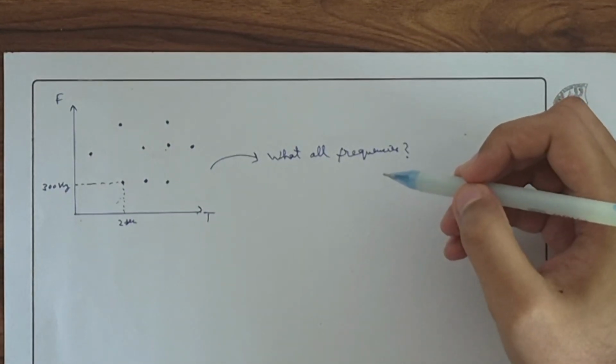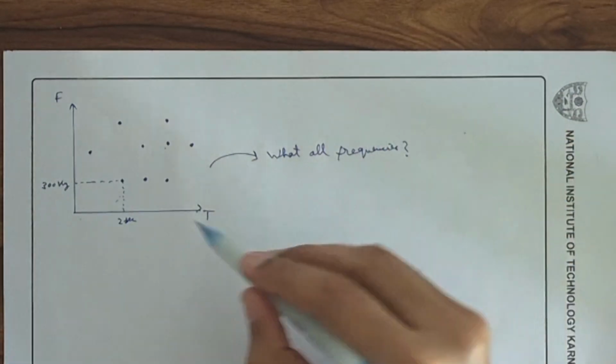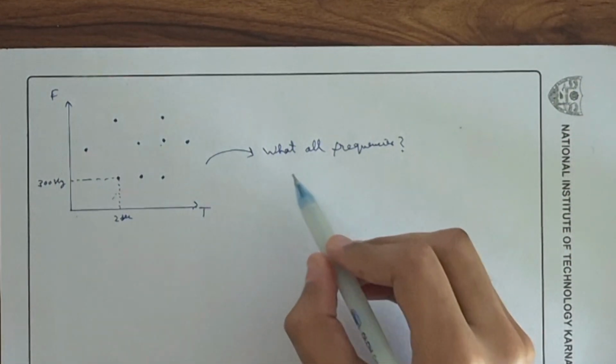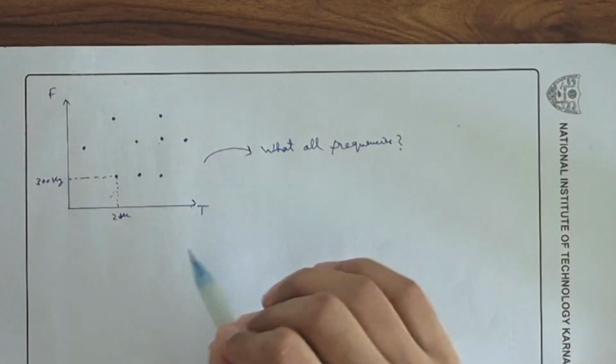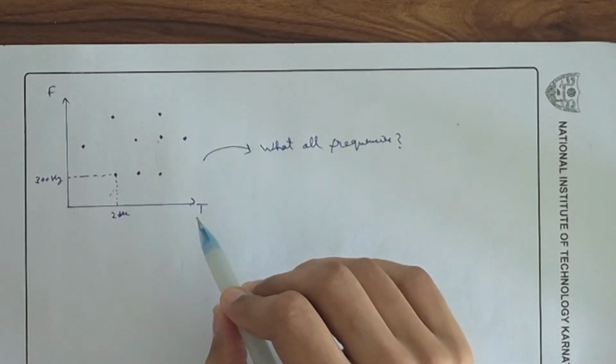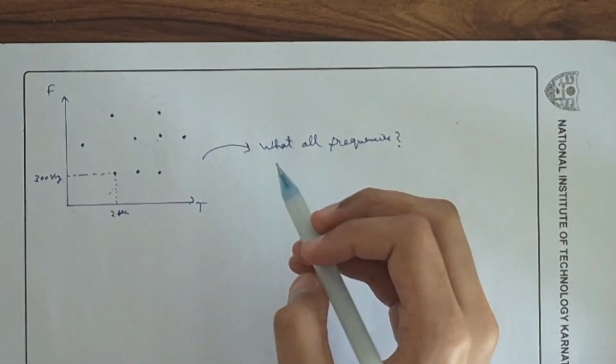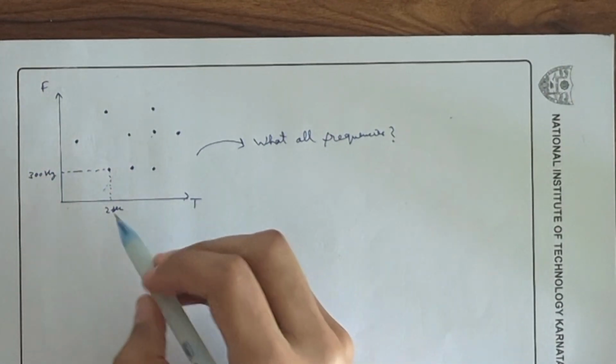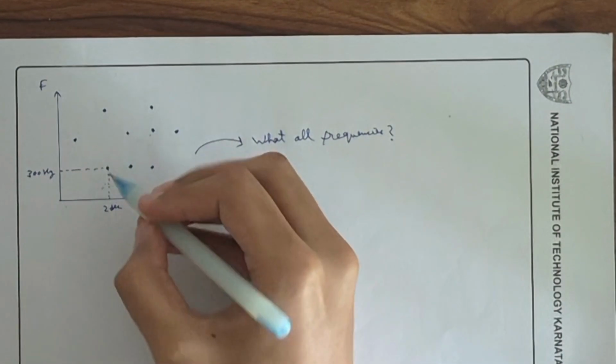The second problem is, I want you to understand that this constellation map is giving me the information of what all frequencies are present. That's the only thing which it is telling you. You'd be thinking that it's also telling me when those frequencies are occurring, right? But that's not quite right, because consider this point.